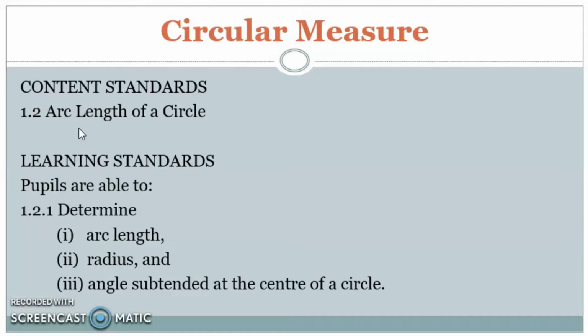Let us move on to the second content standard, that is length of arc of circle. This content standard has two parts. In this first part, we will learn to determine the arc length, the radius, and the angle subtended at the center of a circle.